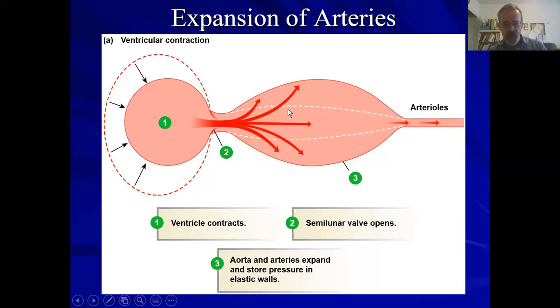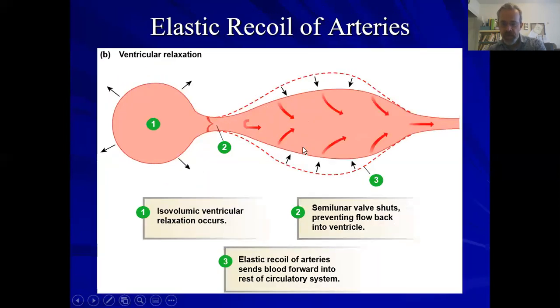And as I mentioned before, the artery will expand, which is very important, to accommodate the pressure. This is during systole. Then during diastole, it shrinks back down or constricts. That allows blood to be pushed downstream. So this expansion accommodates the pressure, and the constriction allows blood to be pushed downstream into the rest of the circulatory system.